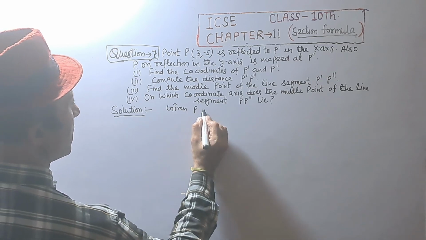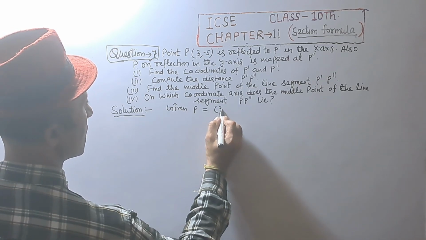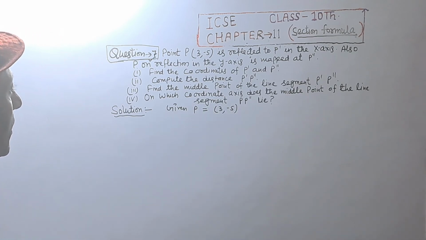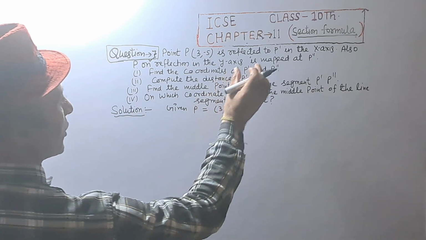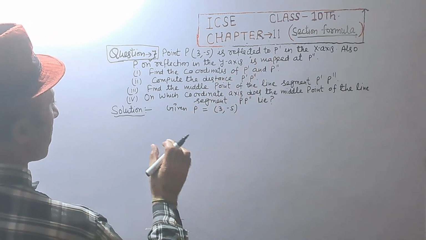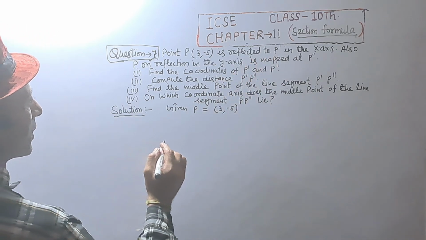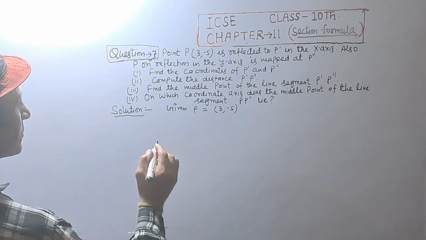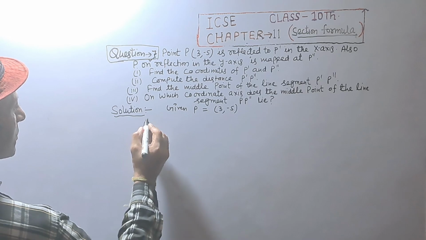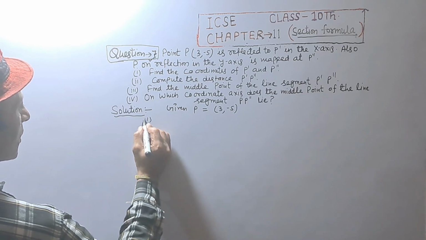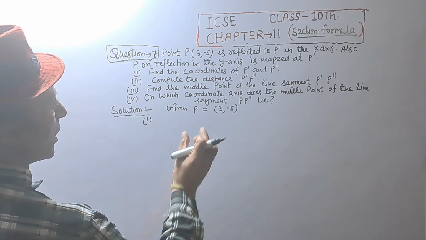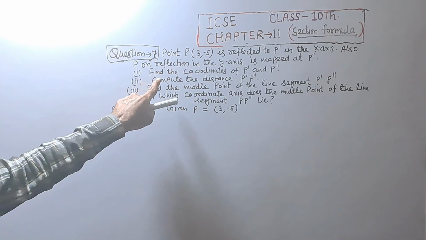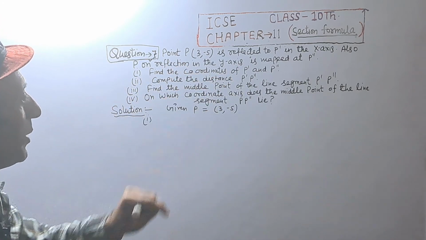Given P is equal to (3, -5). Find the coordinates of P dash and P double dash.